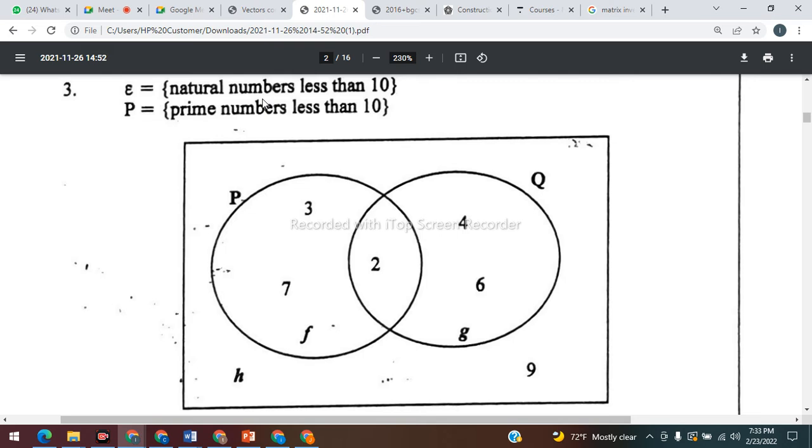Numbers and letters. Yes, again, numbers and letters. Got it. Okay.